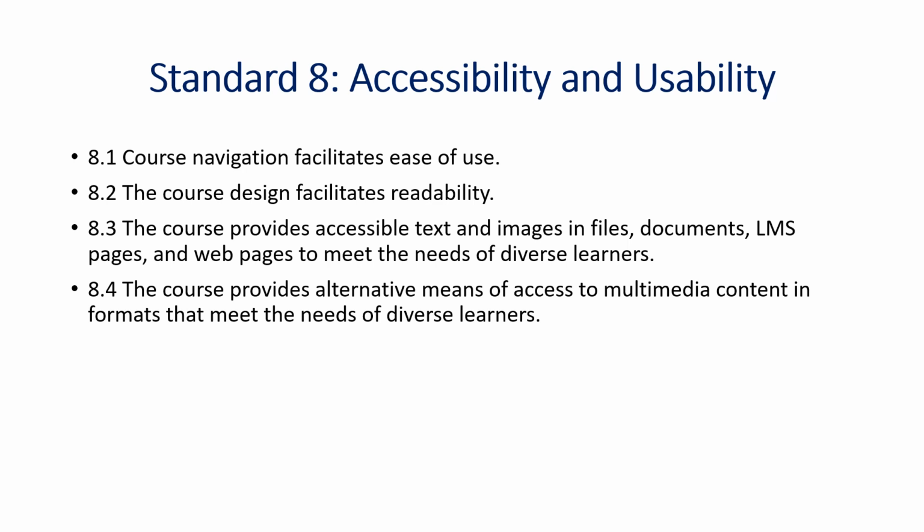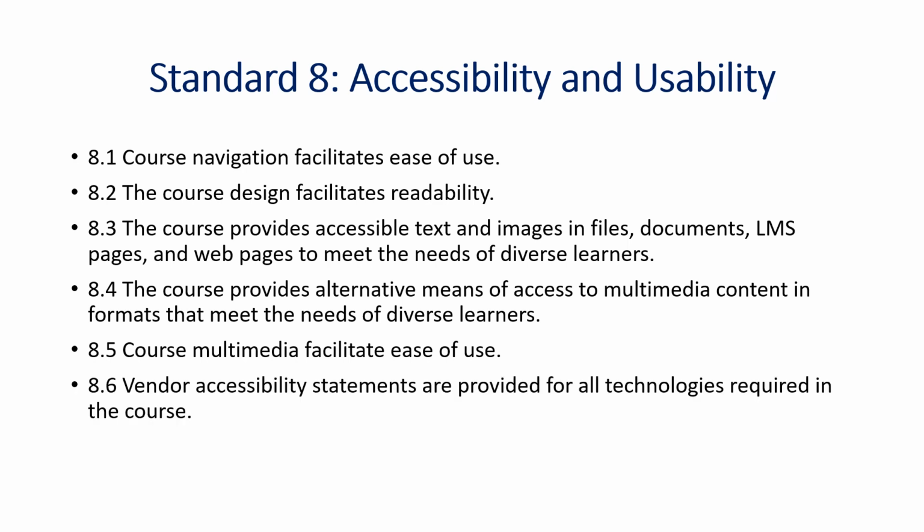They're found in PowerPoint and they're found in Word documents. Just click the box and it'll tell you how to make your lessons more accessible. Course multimedia should facilitate ease of use. Vendor accessibility statements are provided for all technologies required in the course.